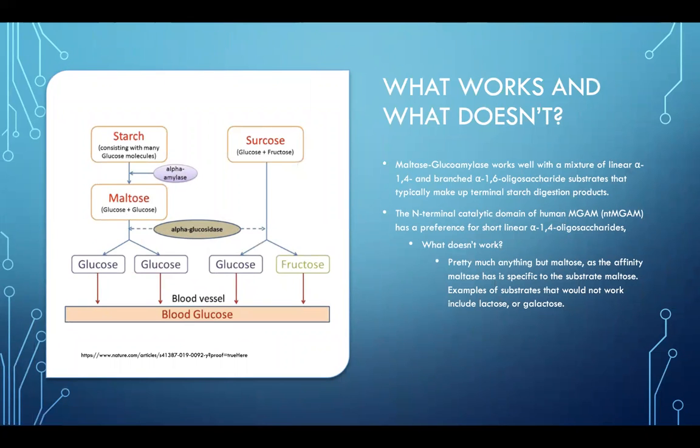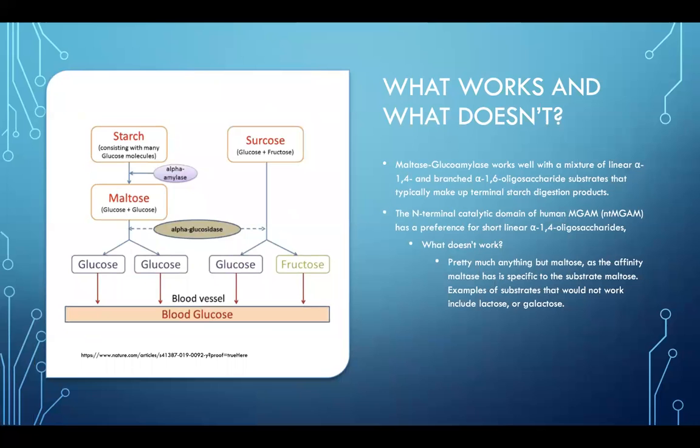Maltase glucoamylase works well with a mixture of linear alpha-1,4 and branched alpha-1,6 oligosaccharide substrates that typically make up terminal starch digestion products. The N-terminal catalytic domain of human MGAM has a preference for short linear alpha-1,4 oligosaccharides. Those two things are really important to note as what works with MGAM.